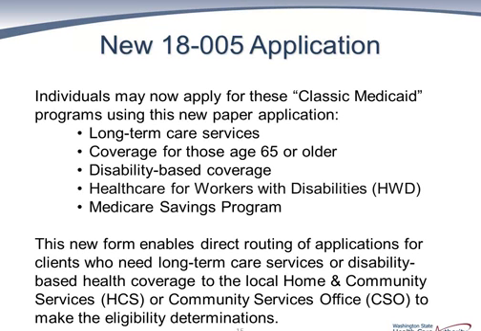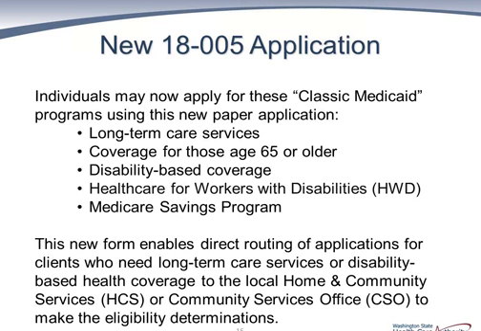The new form has a couple of features, because if a family applies using this new form for Classic Medicaid, it's going to directly route the application that the family fills out to DSHS, either to Long-Term Care Services or to the Community Services Office.